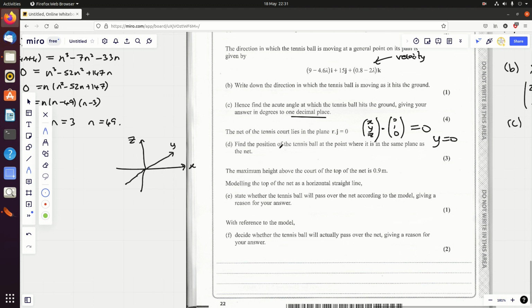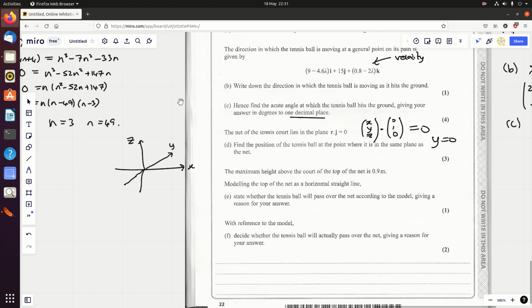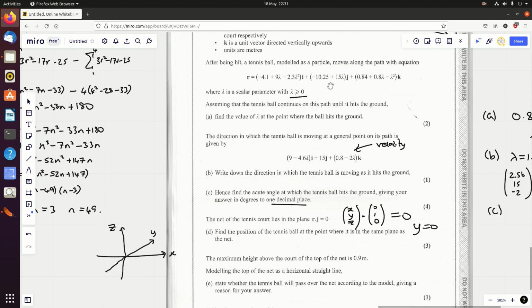But once you've got that y equals 0, it's relatively easy to find the position of the tennis ball at the point where it is in the same plane as the net, because we just turn to the position formula, and the position formula is up here. We set y equal to 0, in other words, minus 10.25 plus 15 lambda equals 0.